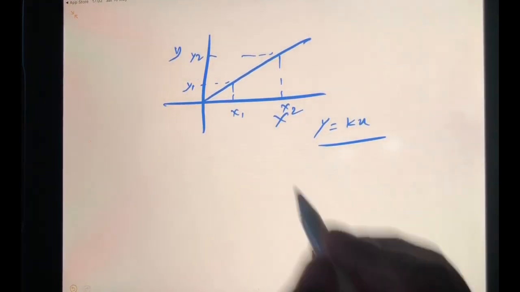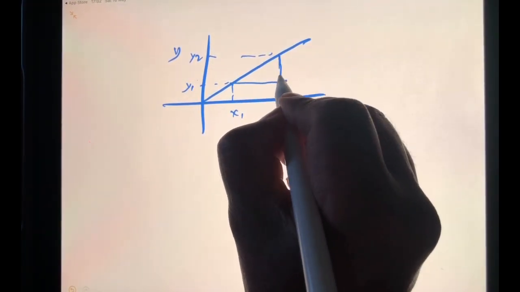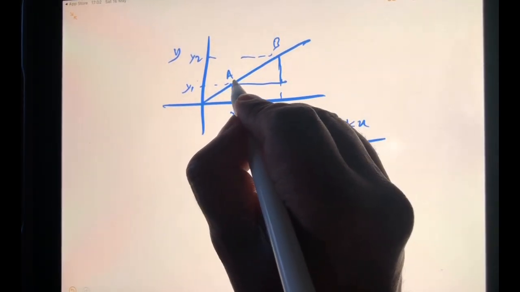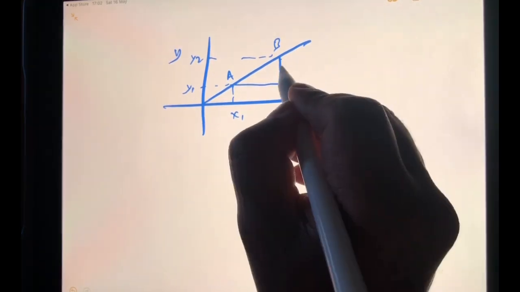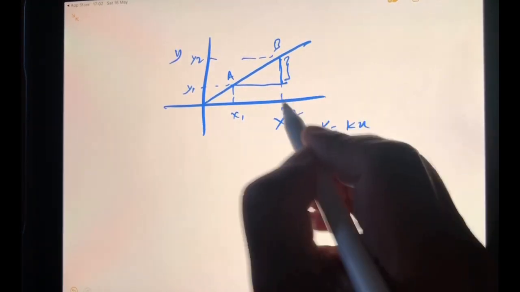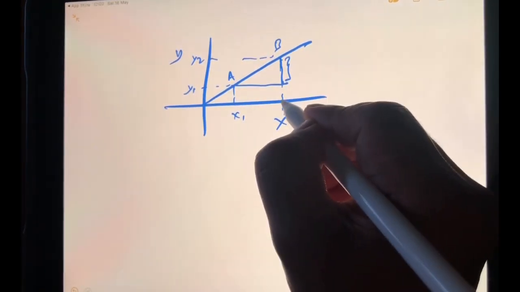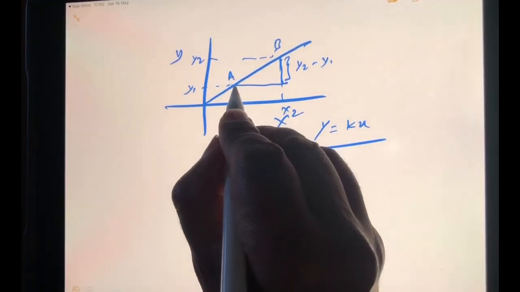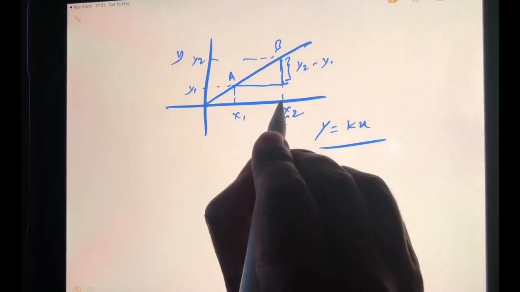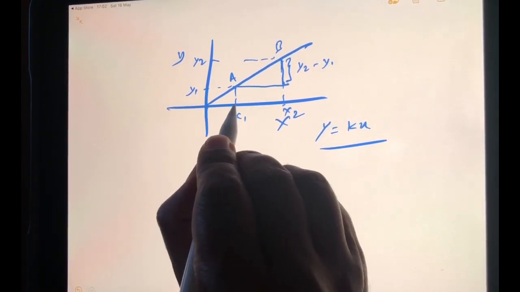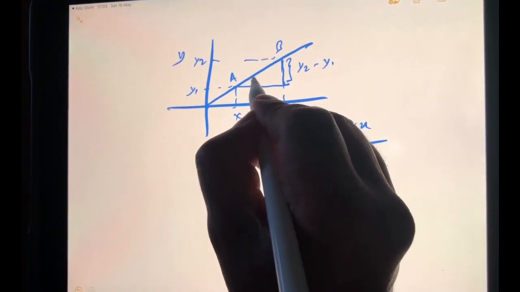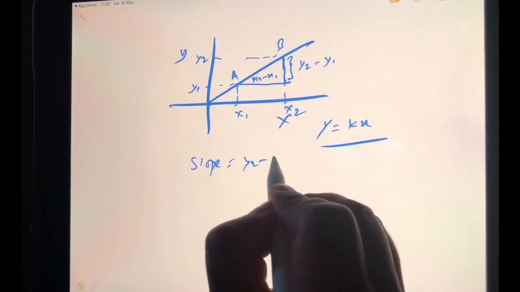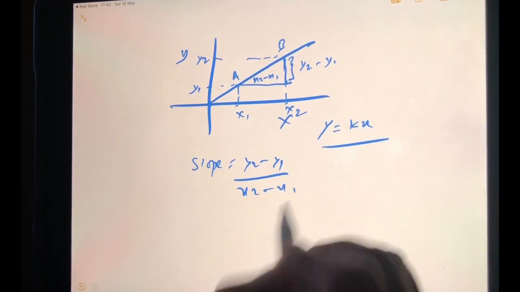This one, which I call AB, will have a slope like this. From here to here is y2, from here to here is y1, so this is y2 minus y1. And from here to here is x2, and from here to here is x1, so this interval is x2 minus x1. So the slope will be y2 minus y1 upon x2 minus x1.